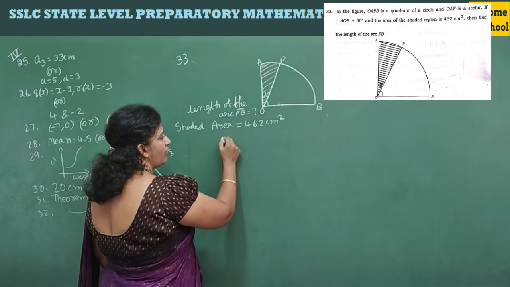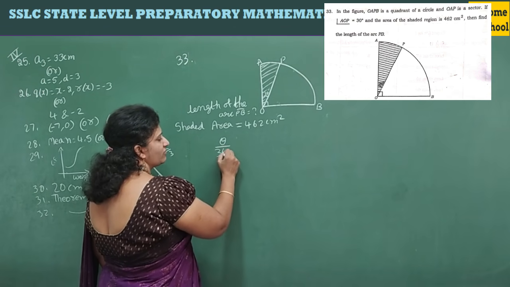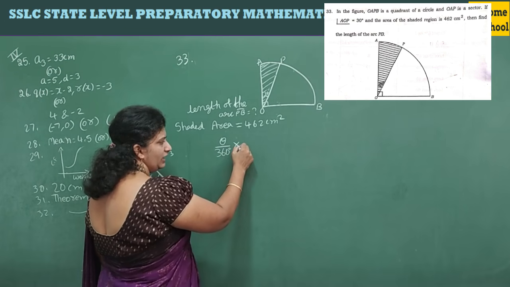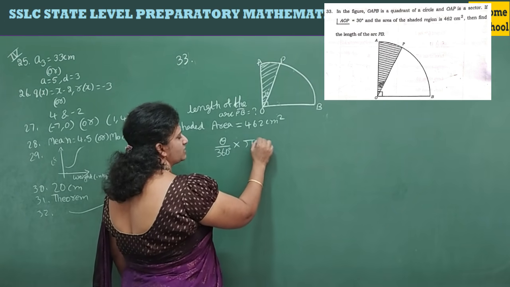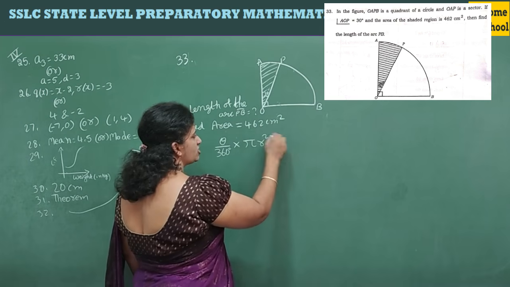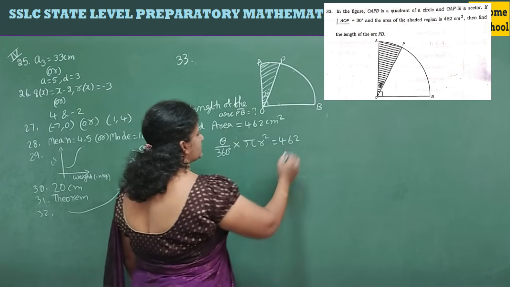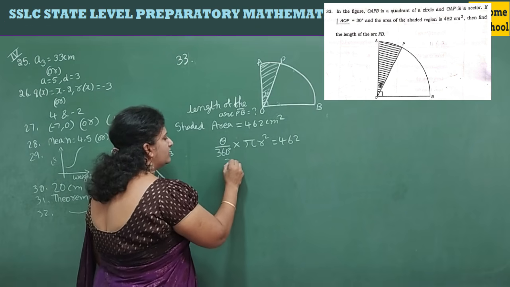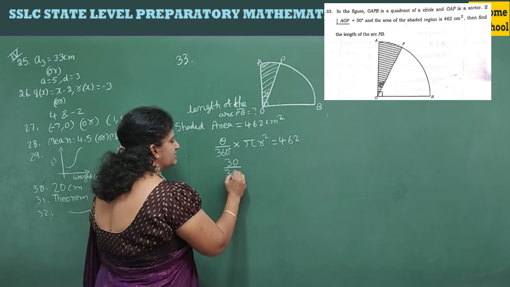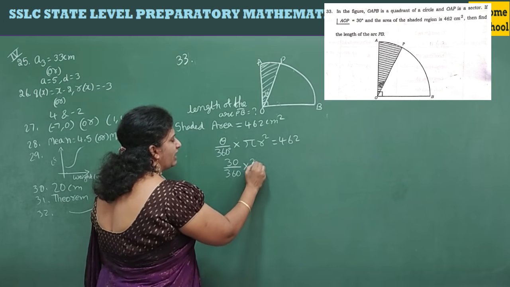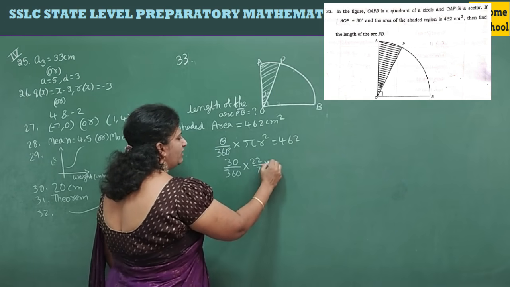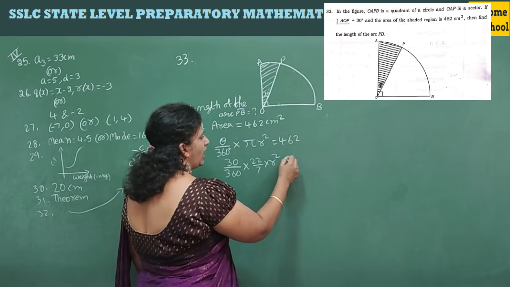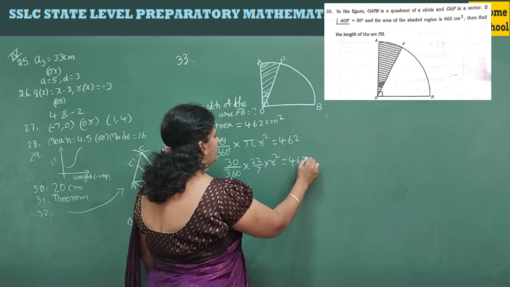Area of a sector is theta by 360 degree into pi r square, which is equal to 462 centimeter square. And theta value is 30 by 360 into pi value is 22 by 7 into r square. I don't know r square, right?